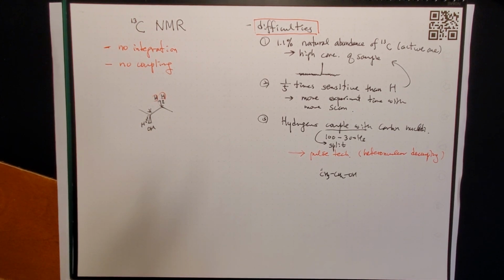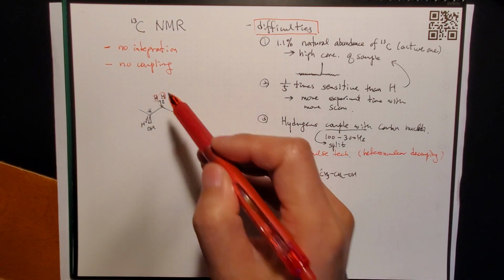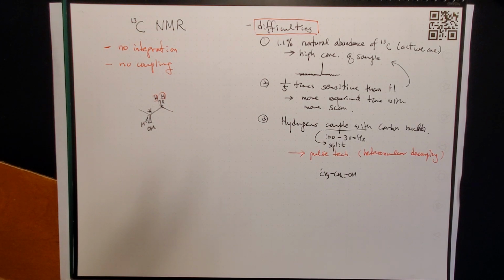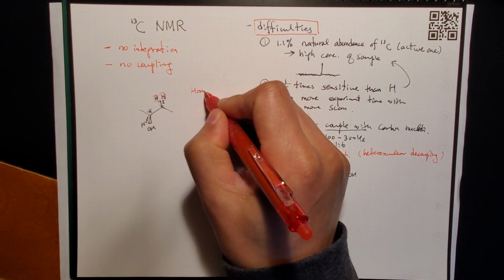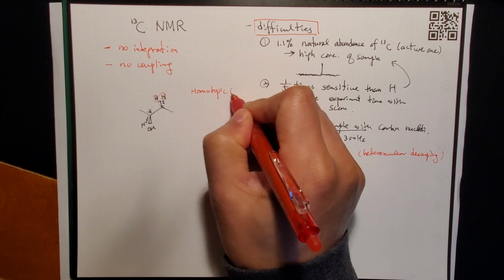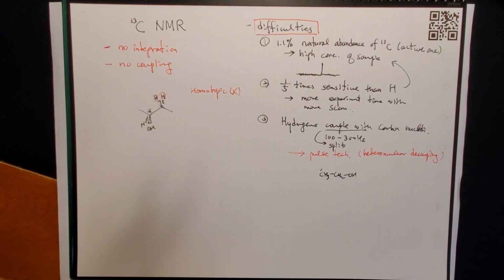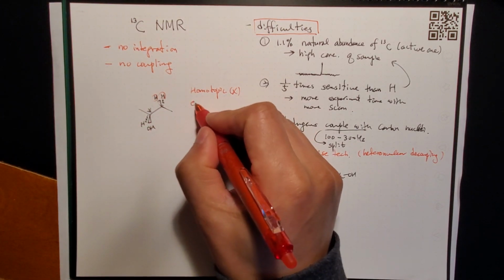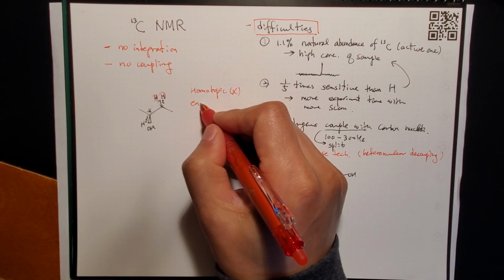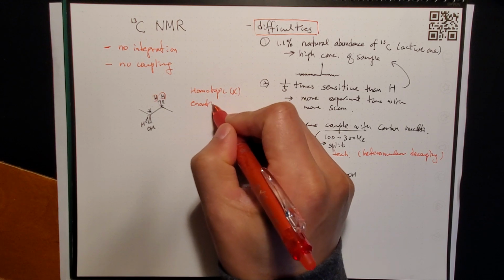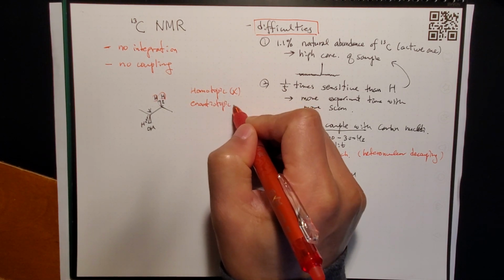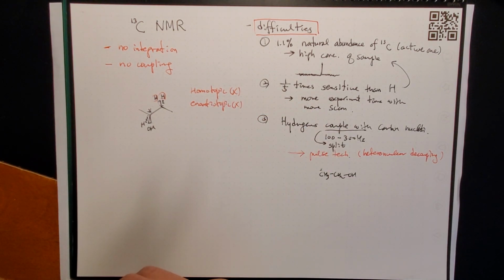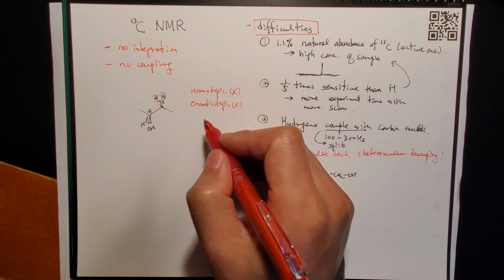Magnetically they're not identical, so they're not homotopic anymore. And they're not even enantiotopic. But actually they are diastereotopic.